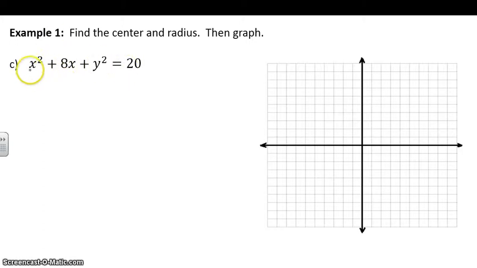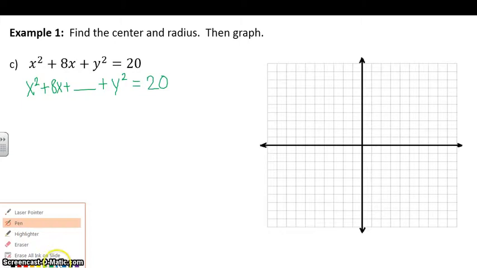Okay, so on this one I only have x's, so x squared plus 8x plus blank, so I can complete the square, plus y squared, that's alone, so that's good, and then that equals 20. So all we have to do is just complete the square for the x.